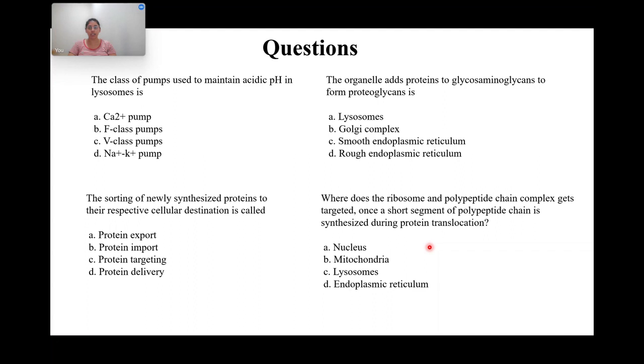Next, the class of lipid transporter that transports the dolichol and sugar from cytosolic site to endoplasmic reticulum lumen site. This we had discussed. Try to remember what we had discussed previously. And the next is, the transport of protein from endoplasmic reticulum to Golgi complex is mediated by which of these? This also we had discussed, the direction and the COP vesicles which are responsible for the transport.